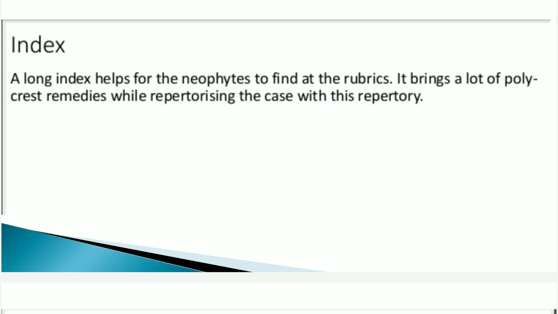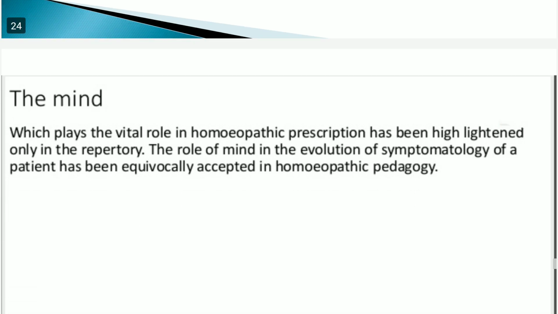In this repertory there are 648 remedies included. So while repertorizing the case, after the repertorization, we get a group of remedies, and during repertorization also it brings a lot of polycrest remedies when we work with Kent's repertory.